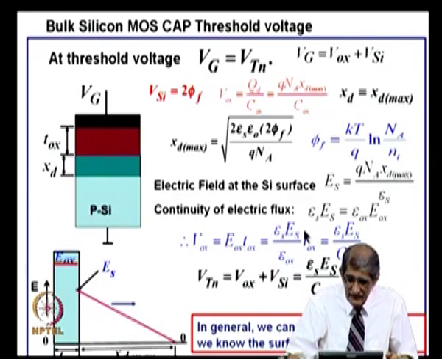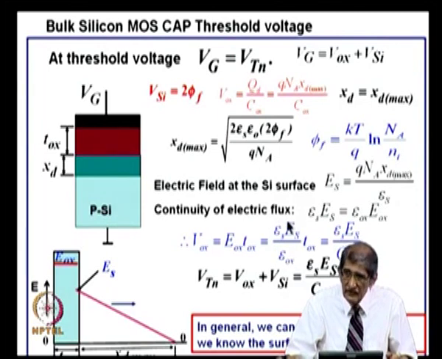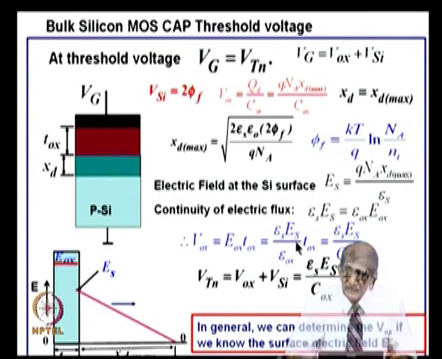Okay. E oxide is from this relationship: epsilon s E of s divided by epsilon oxide. This is the flux in silicon divided by permittivity in the oxide, which gives me the electric field in the oxide. Flux is the product of the two. If I divide by this, I get electric field in oxide.